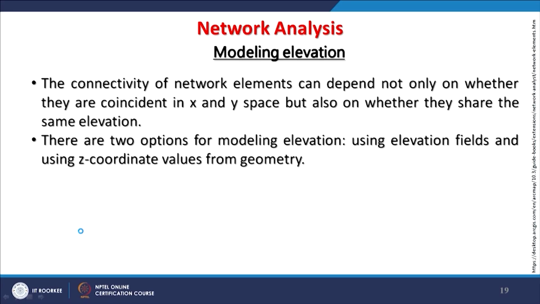So, there are two options for modeling elevation or different levels: using elevation fields, or the Z value from our geometry, and that is very much required if such scenarios have to be developed. If there are different levels, the elevation Z value is very much required.